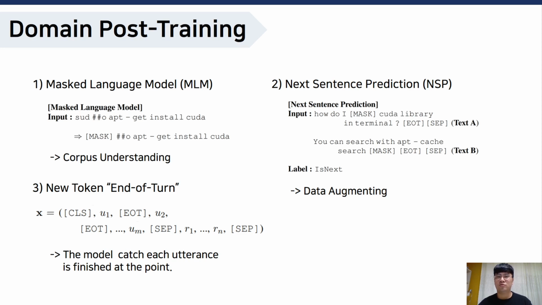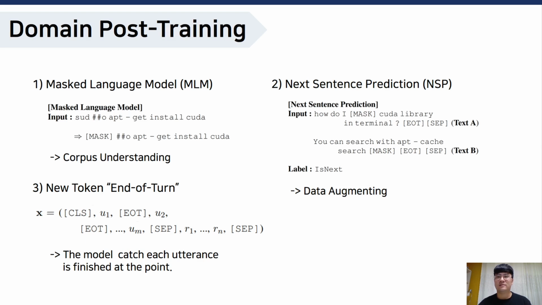The model is trained with two objectives, masked language model and next sentence prediction. Masked language model helps the model understand the domain-specific corpus, and next sentence prediction has the effect of data augmentation. In the example, the masked language model can learn that the sudo command is needed when trying apt install in the Ubuntu system, which is not generally shown in universal corpora.